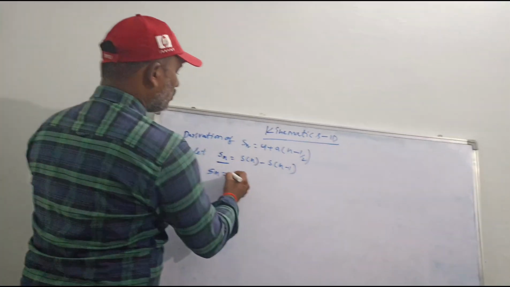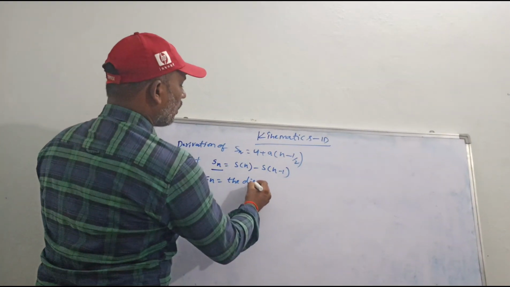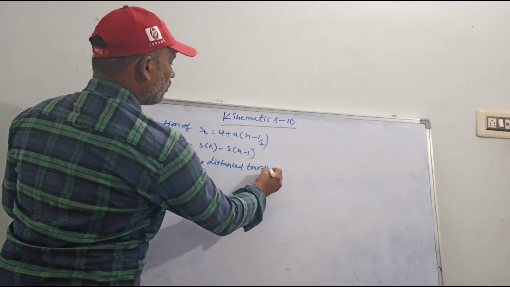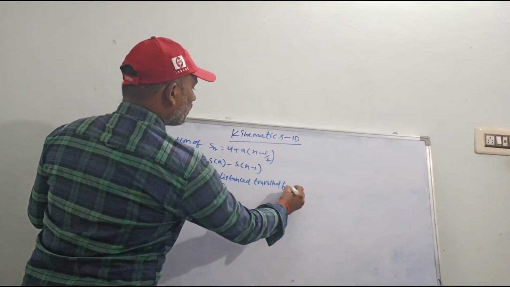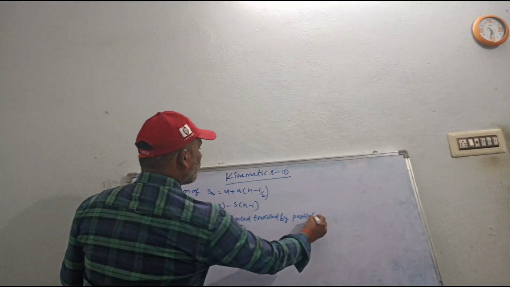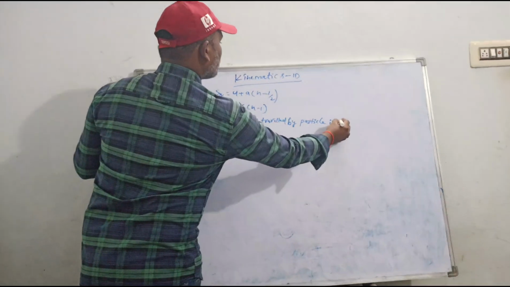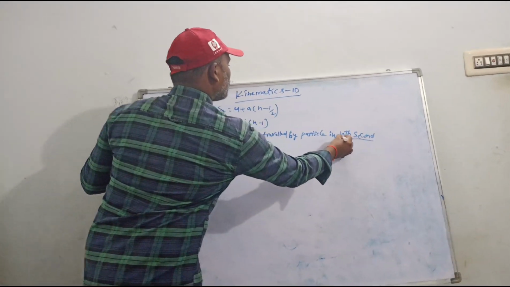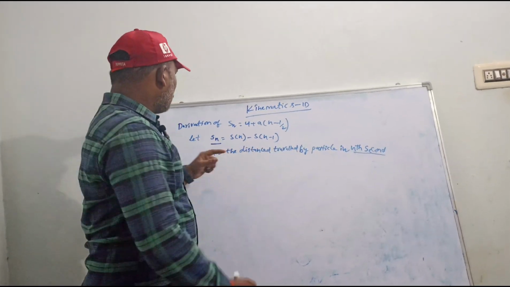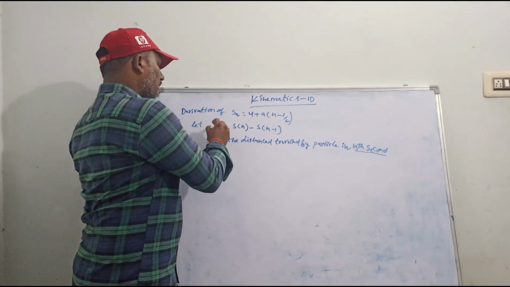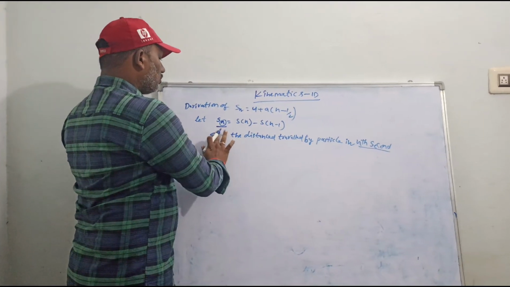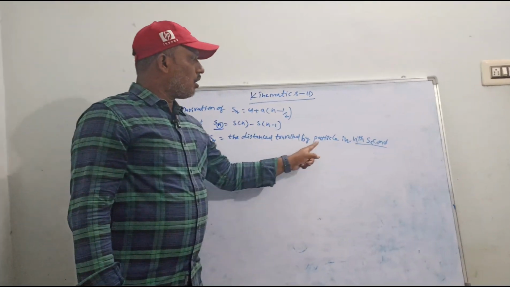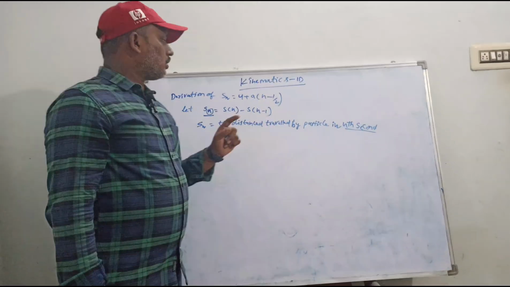Sn is equal to the distance traveled by a particle in nth second. Distance traveled by the particle in nth second. This is very, very important. So here n stands for the nth second. So Sn is equal to the distance traveled by a particle in nth second.